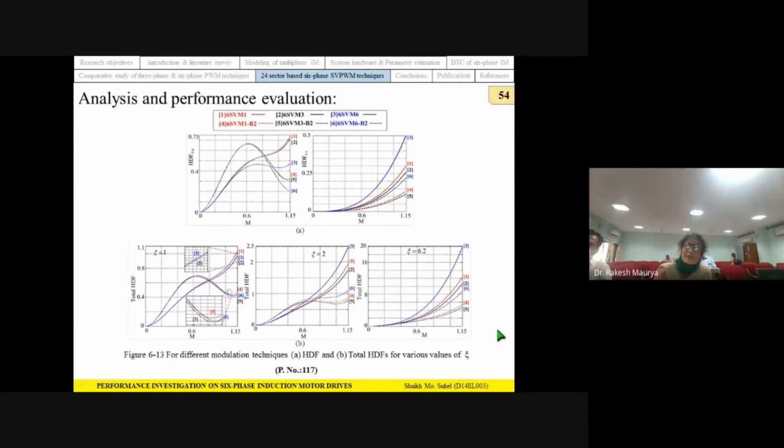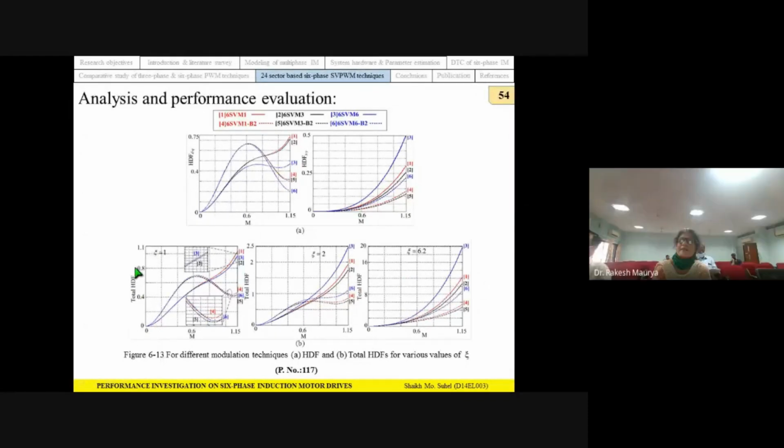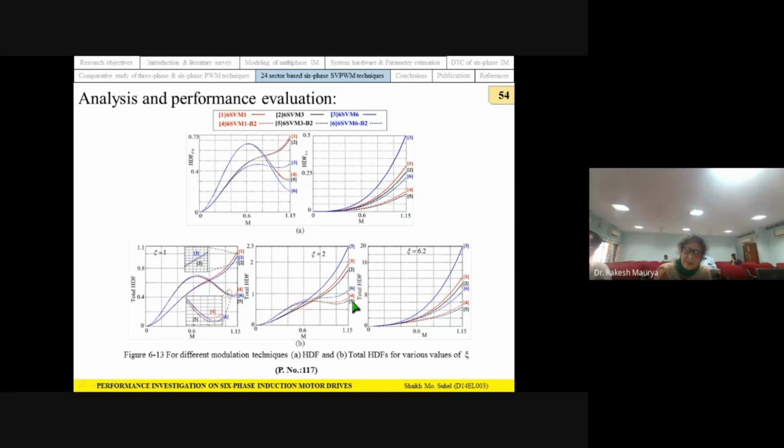So you have plotted this modulation index on the x-axis, and what is on the y-axis? That is total HDF, harmonic distortion factor. Okay, harmonic distortion factor. So in some of the curves, it reaches a peak value for a certain modulation index and comes down, and other curves show an increasing trend.